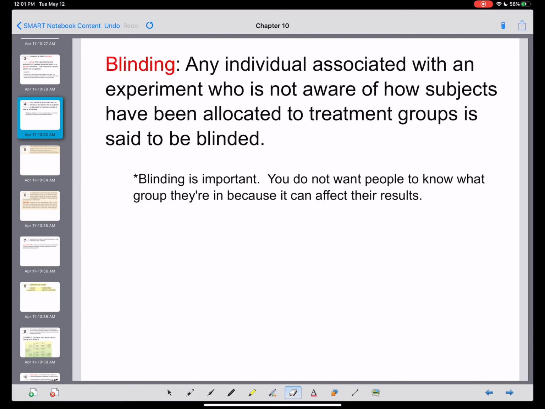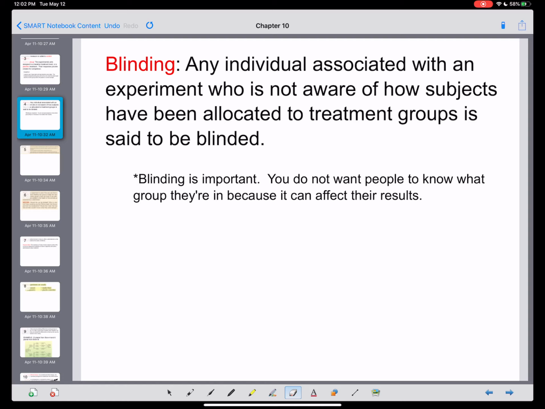Blinding. Any individual associated with an experiment who is not aware of how subjects have been allocated to treatment groups is said to be blinded. Blinding is important. You do not want people to know what group they're in. With medicine, I'm not going to tell them I'm going to give this group Tylenol and that group a placebo, because the people who know they get Tylenol might trick themselves into thinking, this Tylenol is working because I'm taking it, my headaches have gone down.